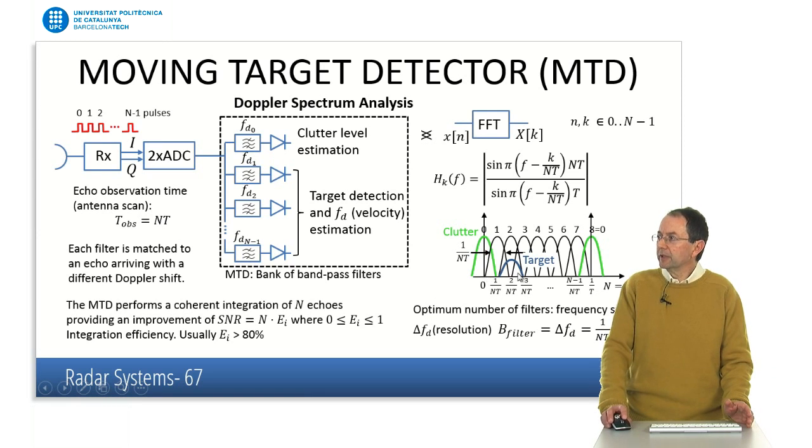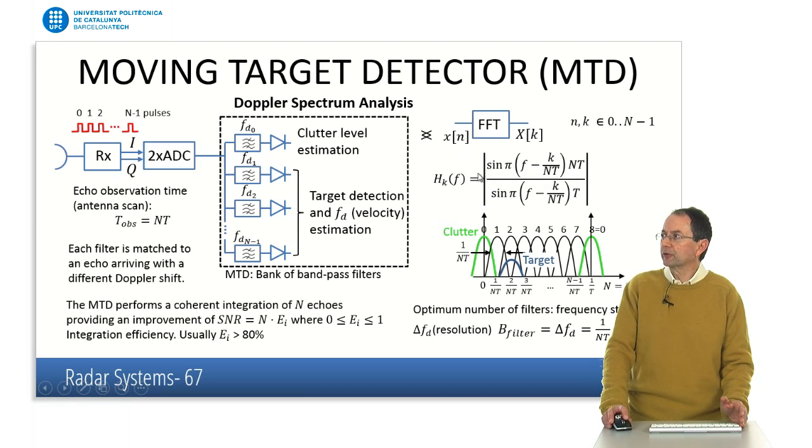Now, if we do this approach with a bank of filters, we have two options. We can physically build each one of these filters, or we can implement the bank of filters numerically with a discrete Fourier transform, which can be implemented with a fast Fourier transform, like in this case. So the output of the FFT is equivalent to a bank of filters.